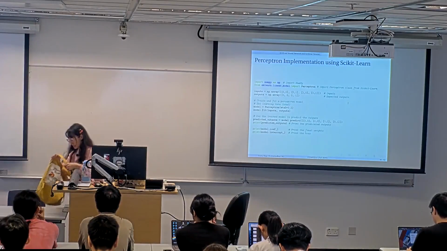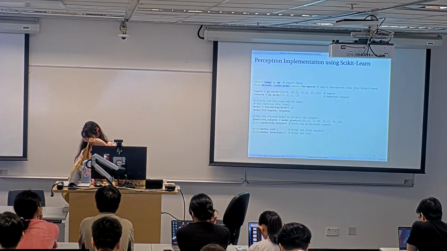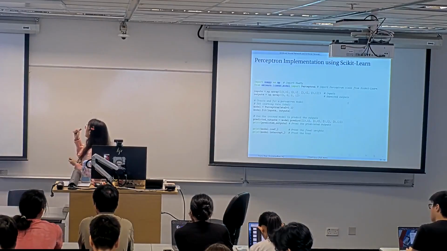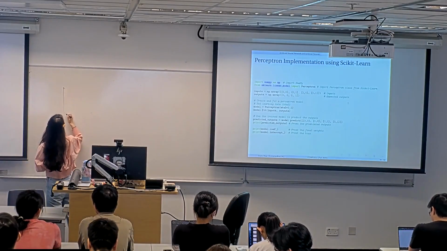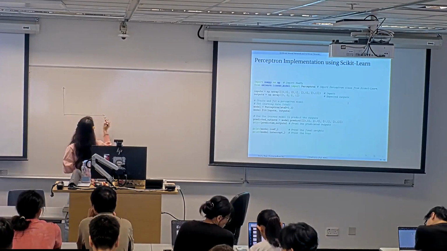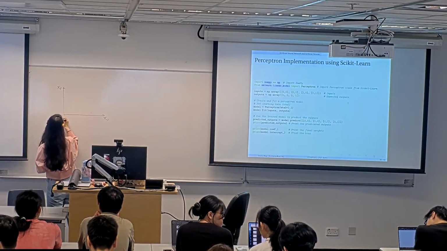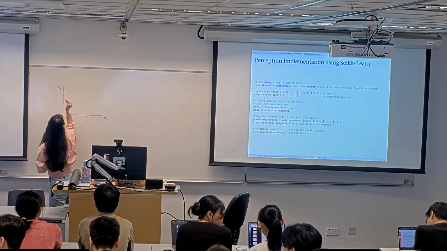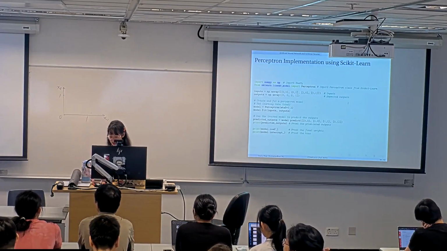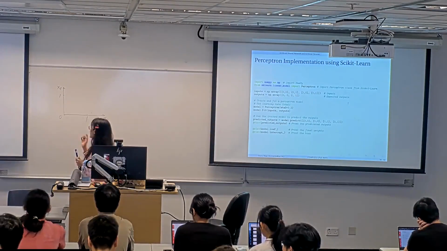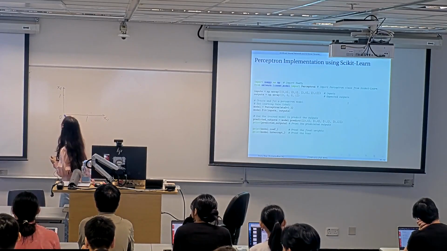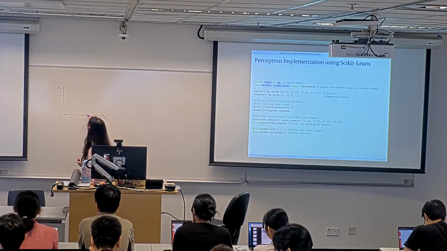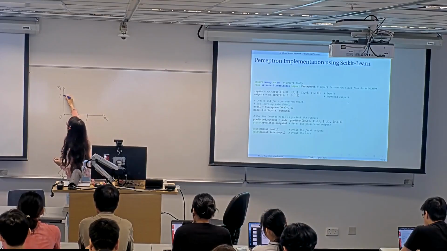Let me find a good pen for this. Okay, let's see what our 4 data points are. (0, 0) here. (1, 0) here. (0, 1) here.